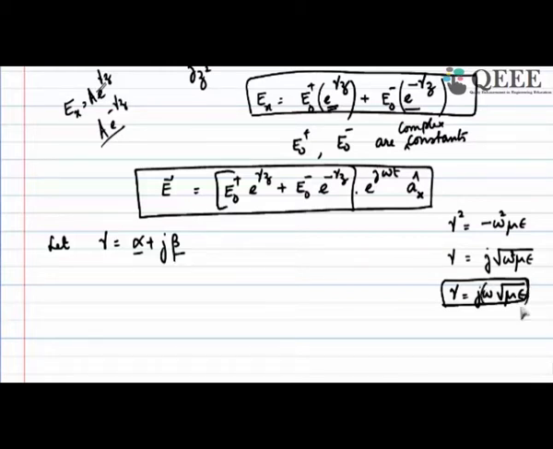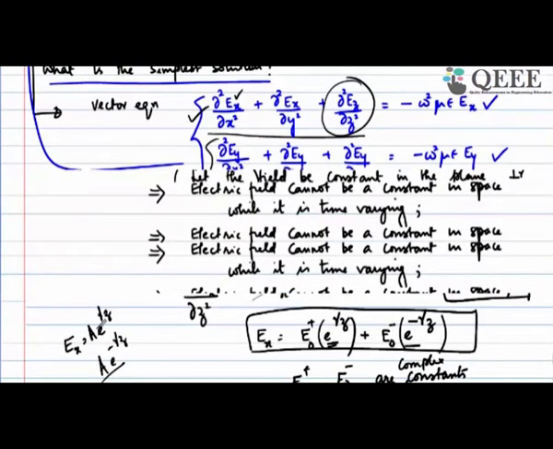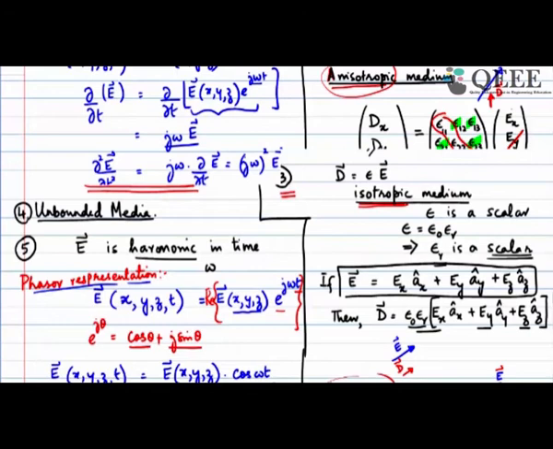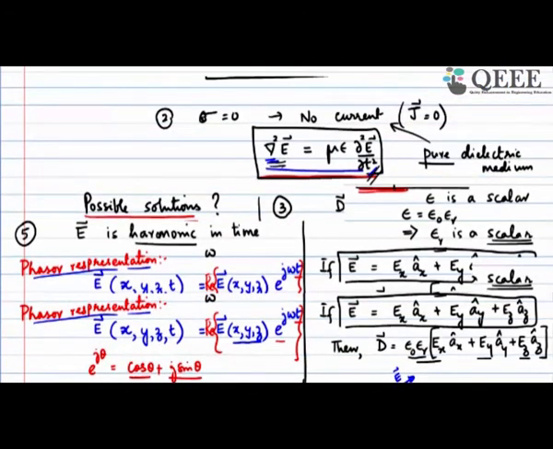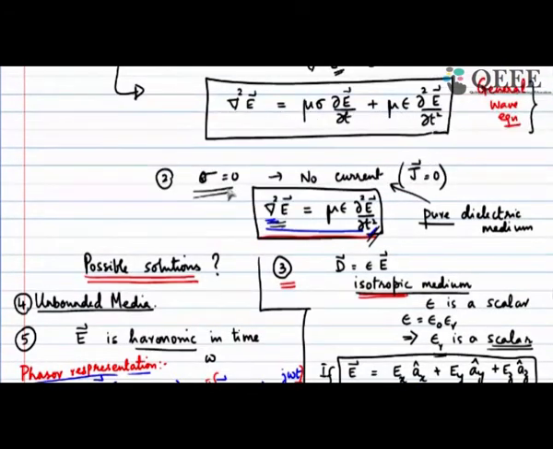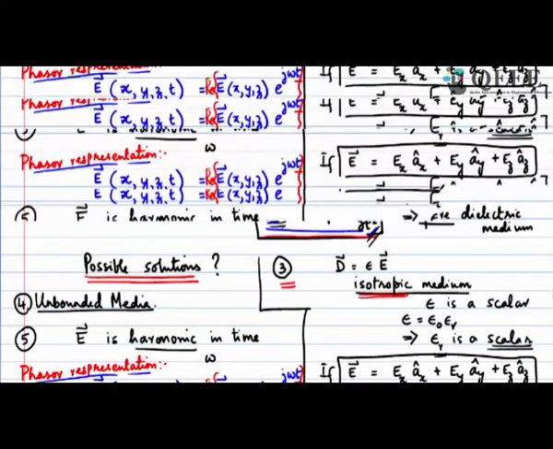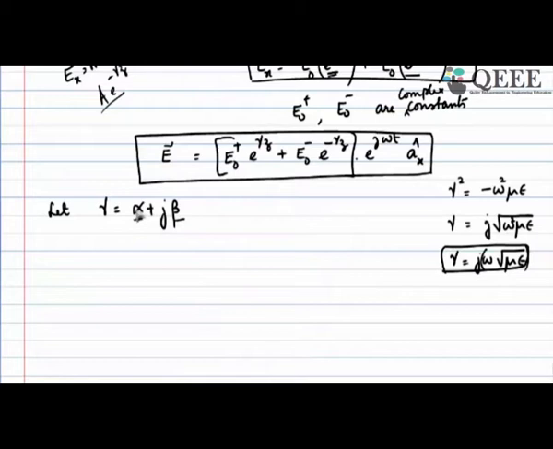But in general, I'll tell you why I'm using this: later, when we talk about the case where sigma is not equal to 0, gamma will actually have a real part as well as an imaginary part. So as I said, let me write a general form: gamma is alpha plus j beta.